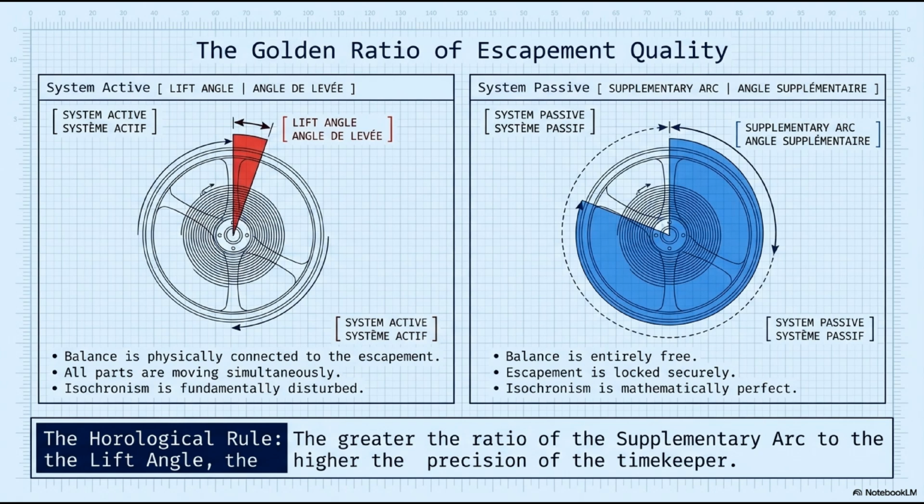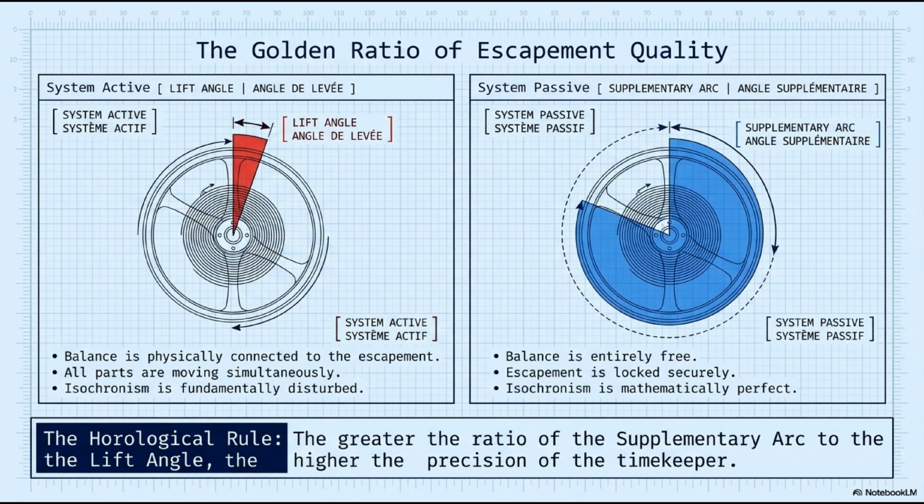Precision is fundamentally limited. This single ratio is the most important parameter in escapement design. Every engineering improvement in escapement history, from cylinder to lever to detent to modern silicon, can be understood as an attempt to increase it, either by reducing the lift angle or by increasing the quality and duration of the free arc.